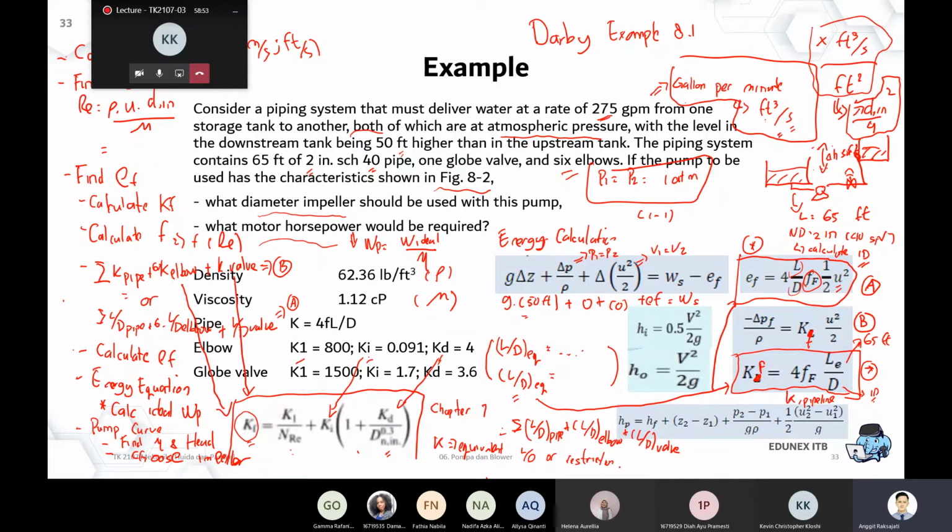For the straight pipeline, it's straightforward. It can be derived from the Darcy equation, from the momentum balance, and then finally it can be proved that for a straight pipeline, EF is what we use as 4fL per D times U square per 2.